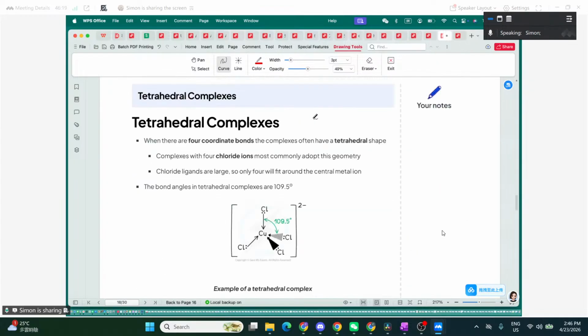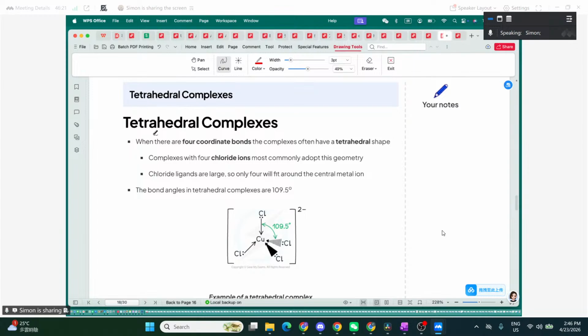And for the next one, this represents the number four, right? According to the four, we know the angle between every bond is 109.5.